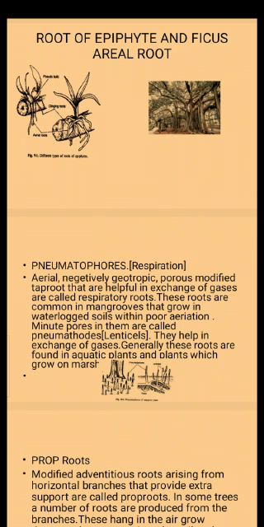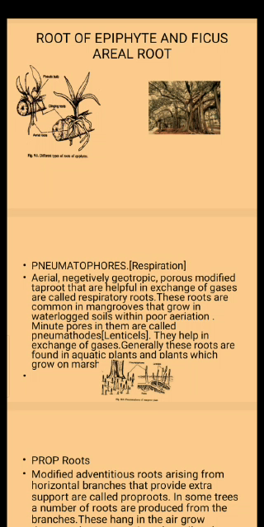Why are these pneumatophores special? Because in areas where oxygen concentration is very low in the soil or in the water, with poor aeration, such roots are common in mangroves that grow in waterlogged soils. In waterlogged soils with poor aeration, oxygen is not available to the plant.